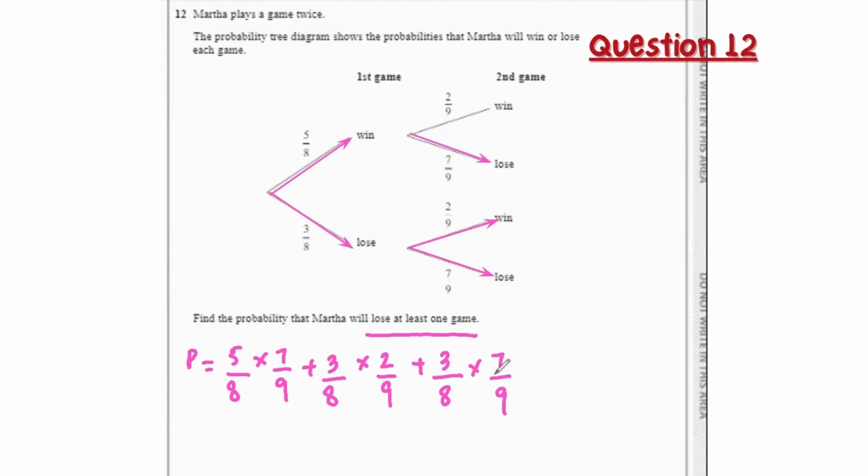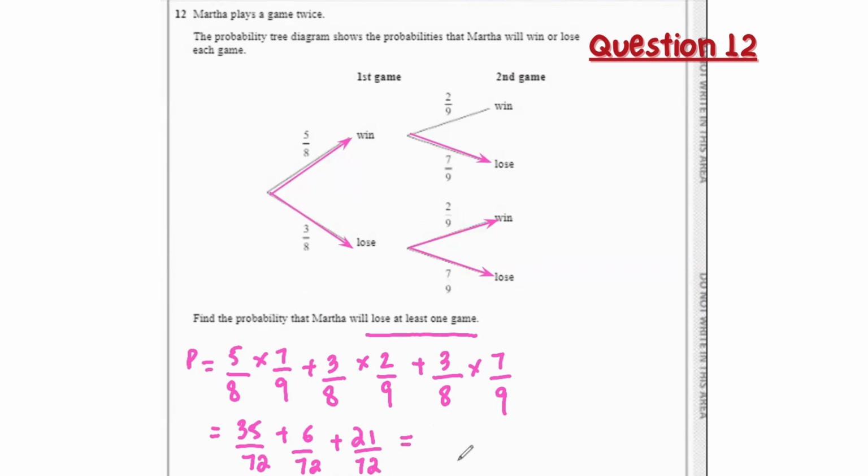And 3 over 8 times 7 over 9 gives us the probability of her losing the first and the second game. So that's going to be 35 over 72 plus 6 over 72 plus 21 over 72.